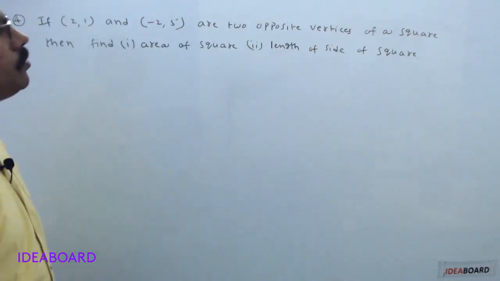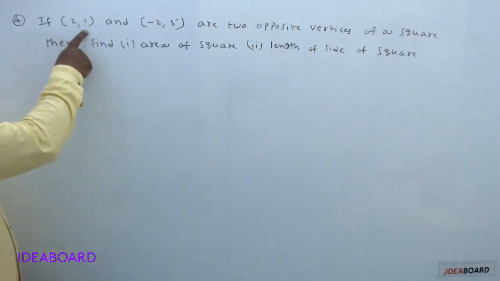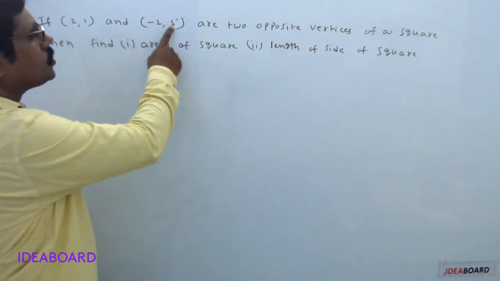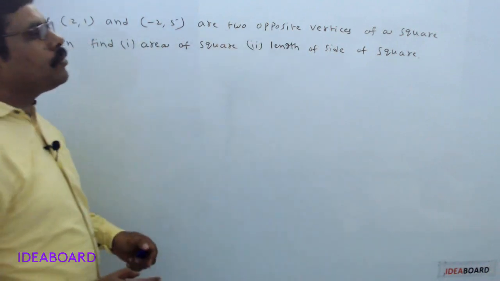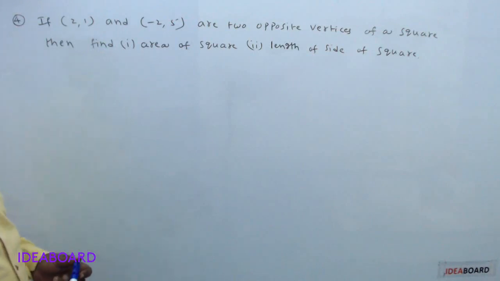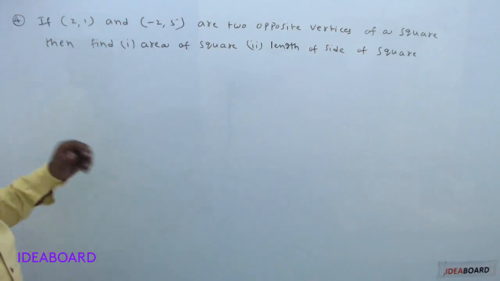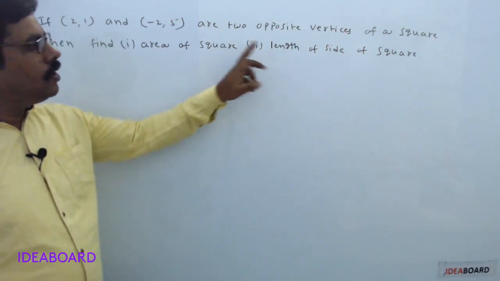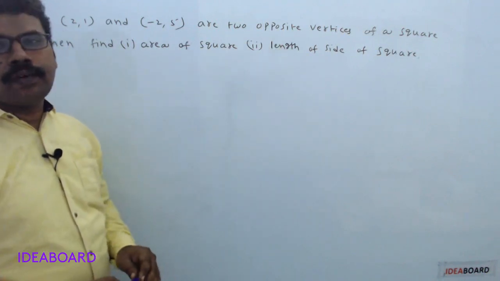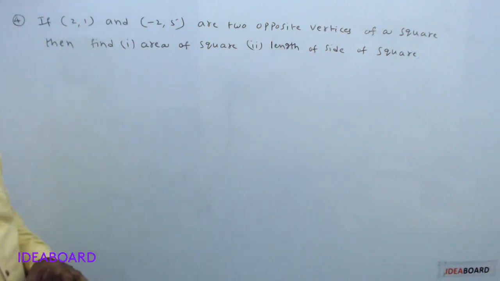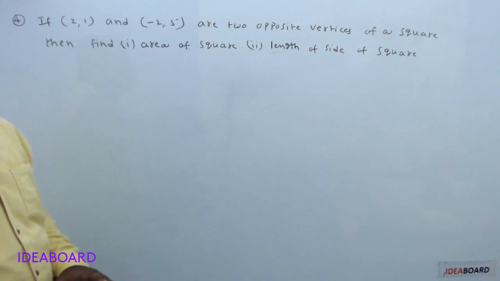Now come to the next problem. If (2, 1) and (-2, 5) are opposite vertices of a square, then find the area of the square and the length of the side of the square. Now here, the given quadrilateral is a square.